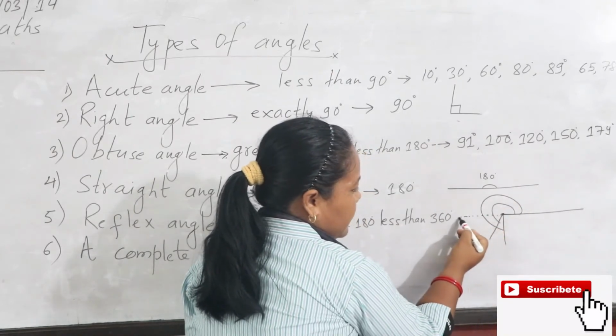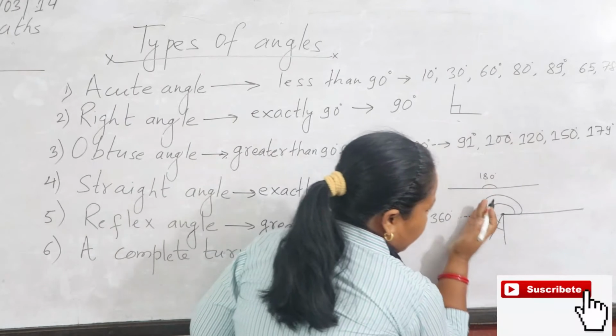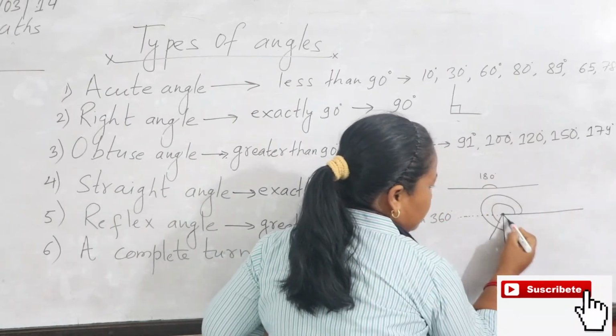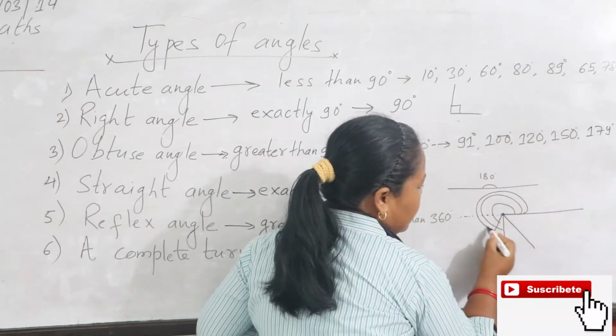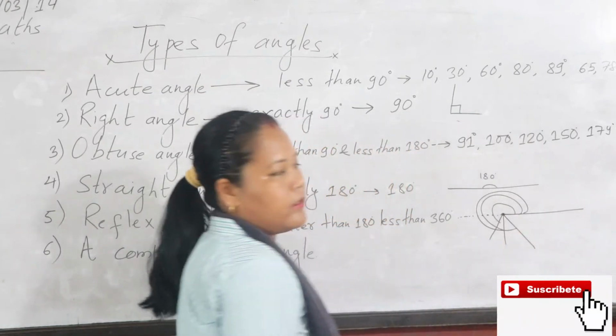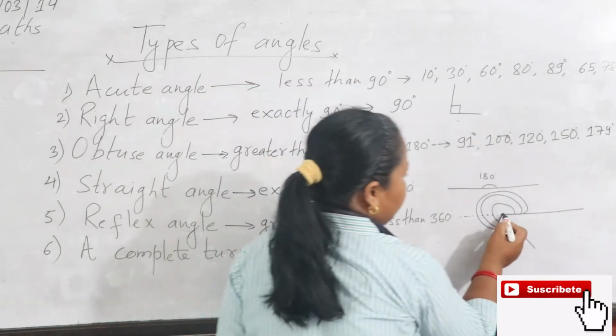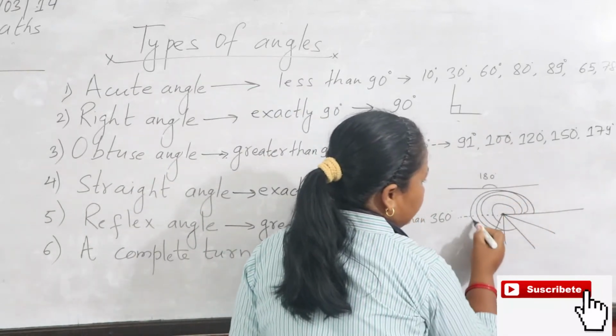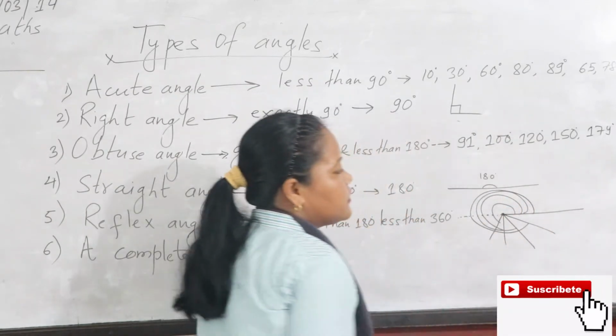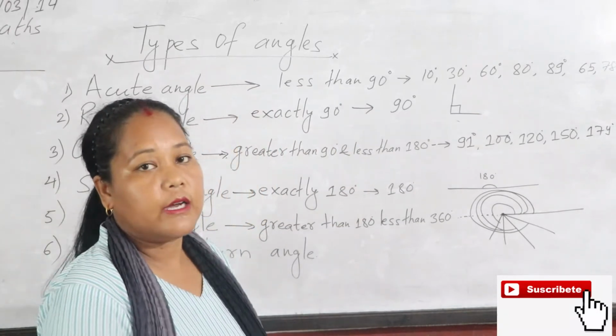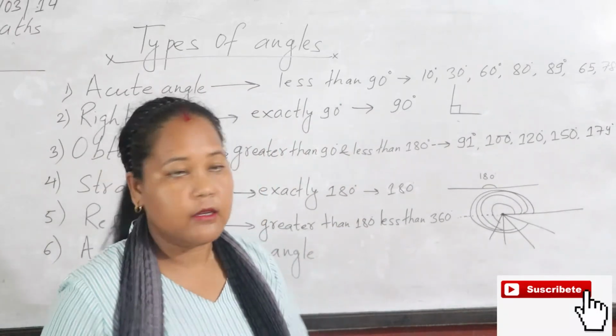This is more than 180 degree. Like this, we have to draw. This is also greater than 180 degree, so this is a reflex angle. This angle is also greater than 180 degree, so it is also what? Reflex angle. Understand?